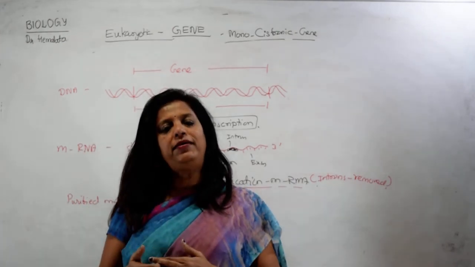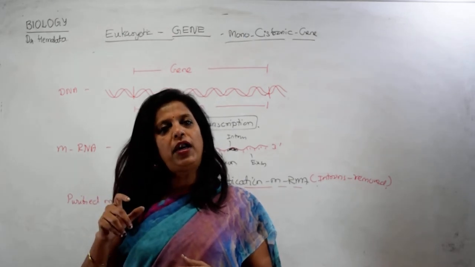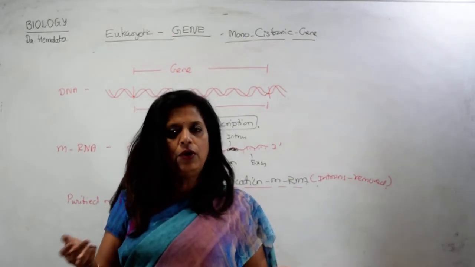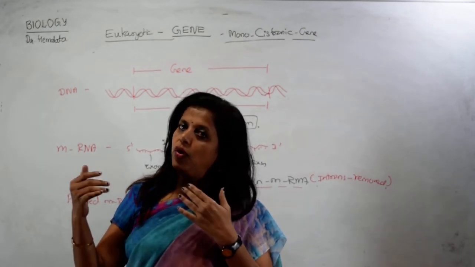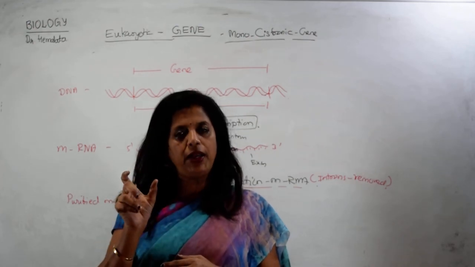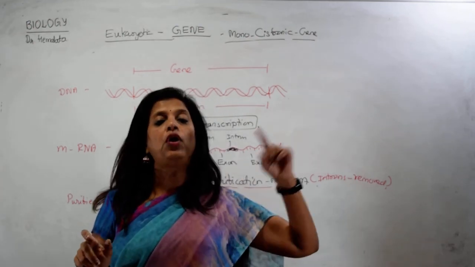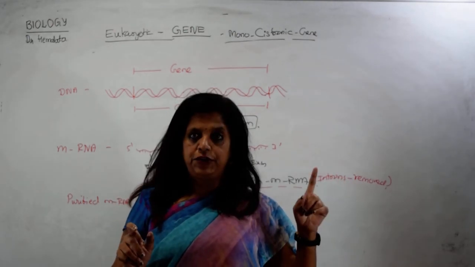Before that, one more activity happens. That is, the mRNA formed on transcription undergoes modification where the non-coding sequences are cut and removed, and coding sequences are joined to form a smaller meaningful mRNA, or purified mRNA, which does not happen in the prokaryotic or polycistronic gene.